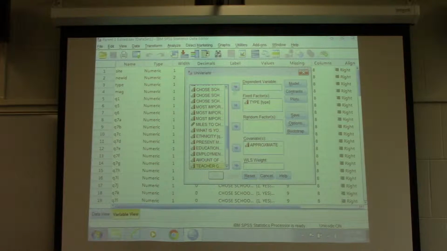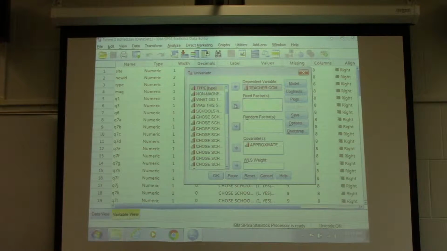Teacher communication is down about 2/3 of the way, and I'm going to move that over to the dependent variable. My fixed factor is just my two groups. It's my school, my independent groups if you want. I'm a parent with a kid in a magnet, or I'm a parent with a kid in a non-magnet school. So that's up near the top, third variable down, type, move that over.